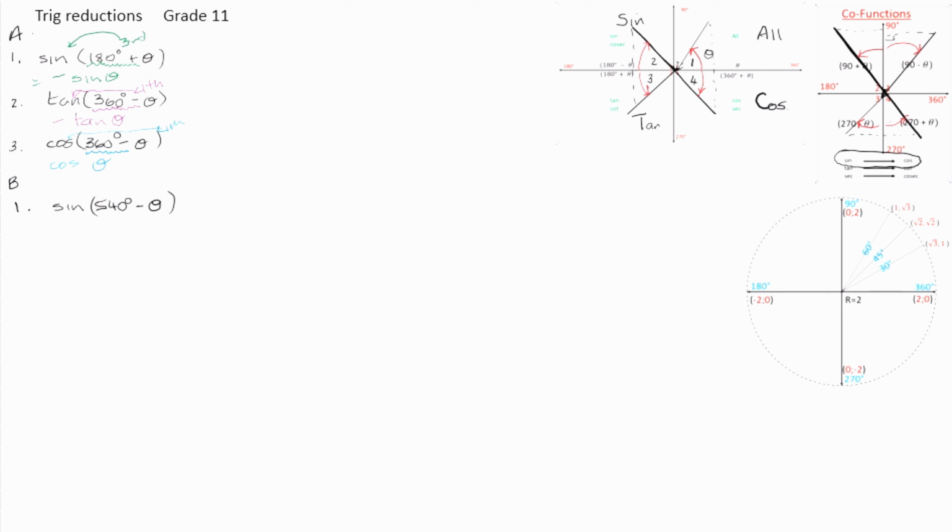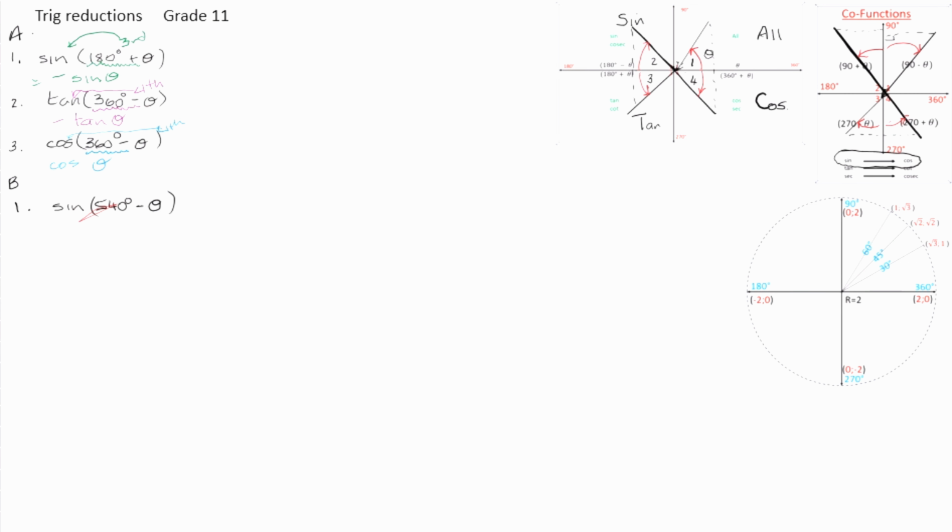Right, the next aspect is to have revolutions that we have to then take back to the CAST diagram, to the 180s and 360s, not a 540. So the easiest thing to do there is to take a pencil.